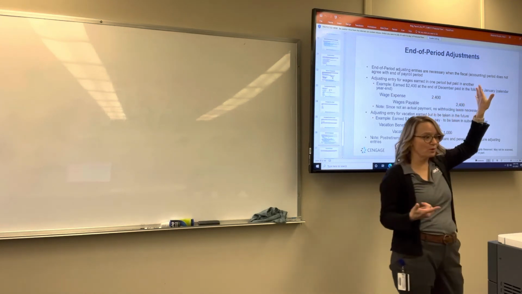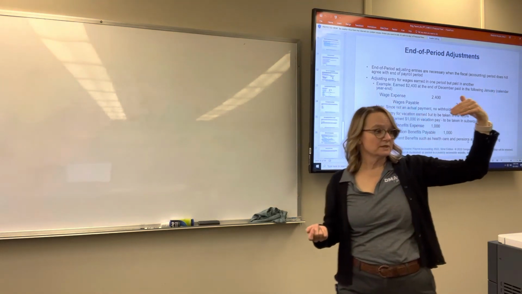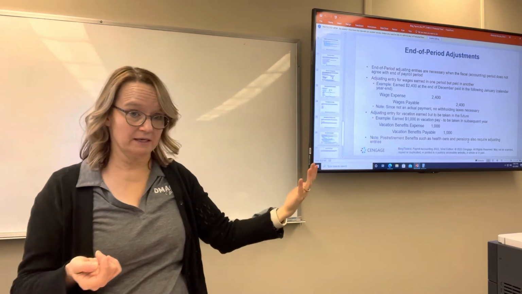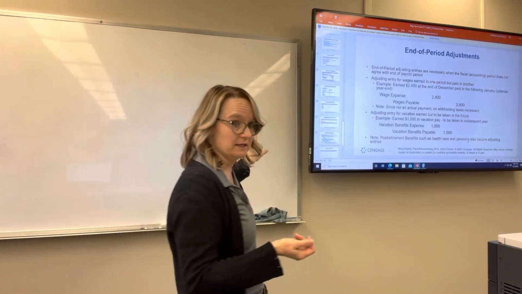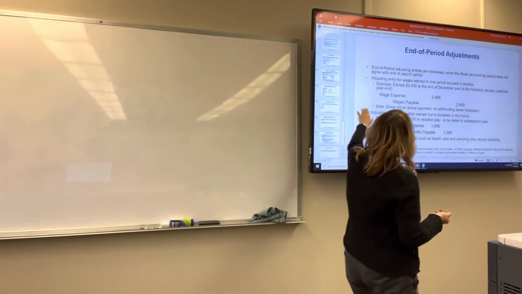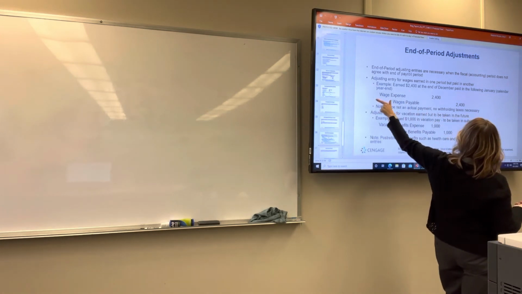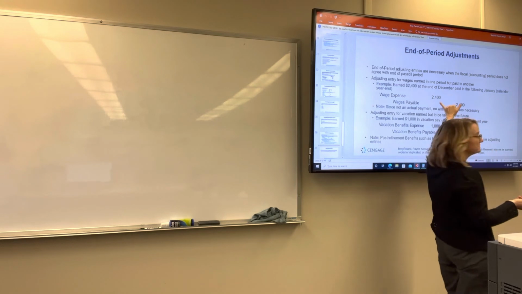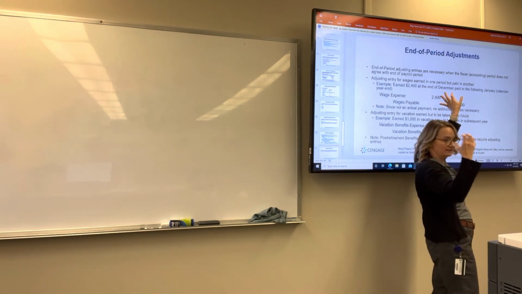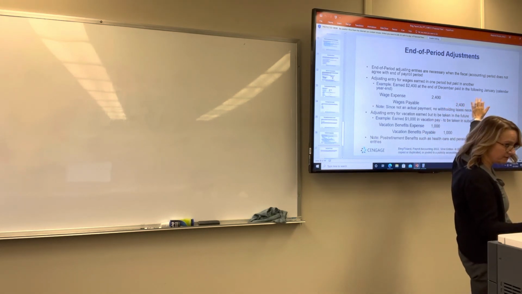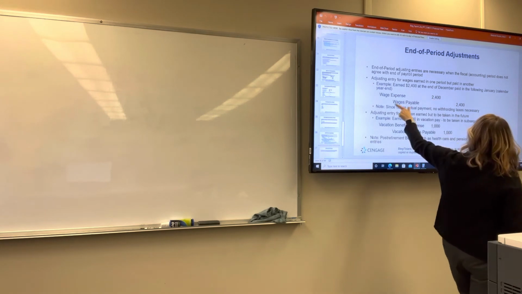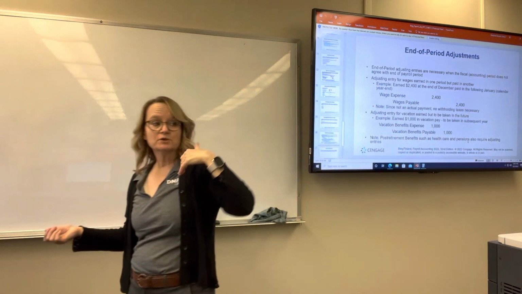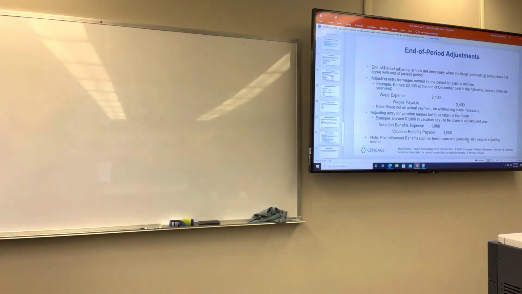It's not going to show up on their W-2 because the W-2 wages only get recorded when they're actually paid, even though they were earned back in December. But we would record the expense so that for financial accounting purposes, we have that expense attached to the correct accounting period, $2,400, and then we've got a payable, wages payable. Right, so that's a liability that we have.